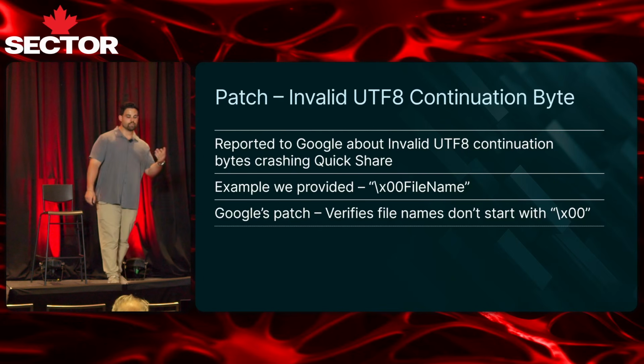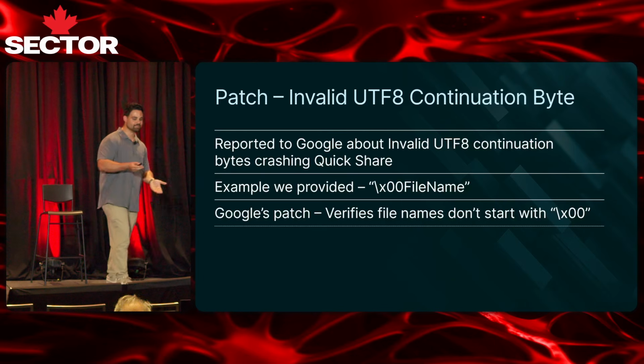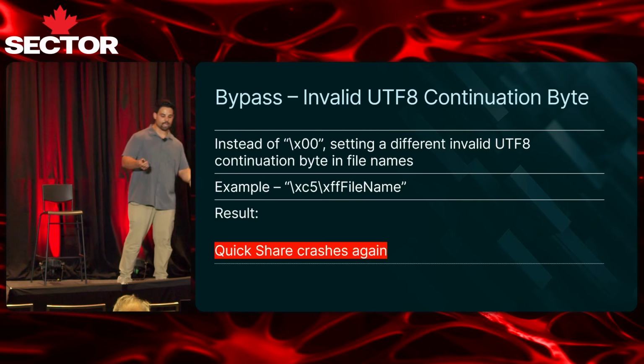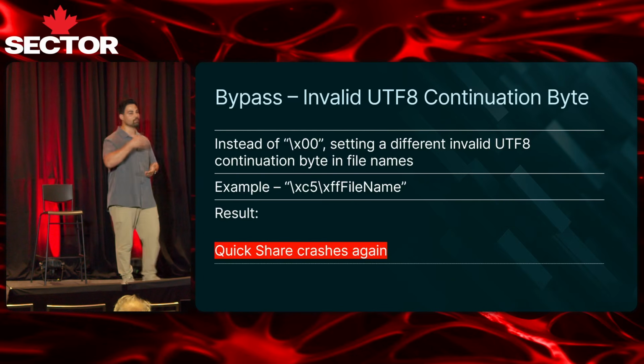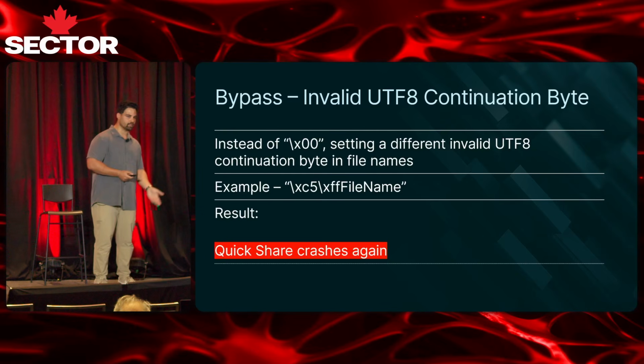Now, Google's fix for that was just to verify that null terminators do not exist in file names that they receive. So we simply bypass that by just replacing the null terminator with other invalid UTF-8 continuation bytes, and we got a denial of service again.